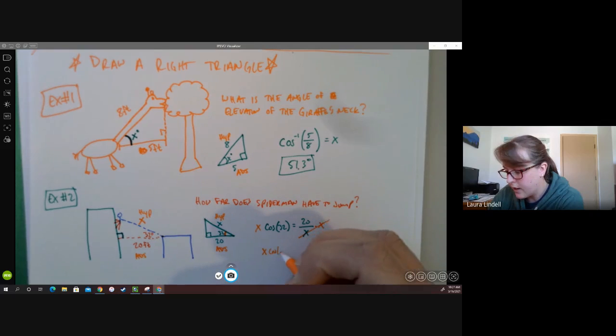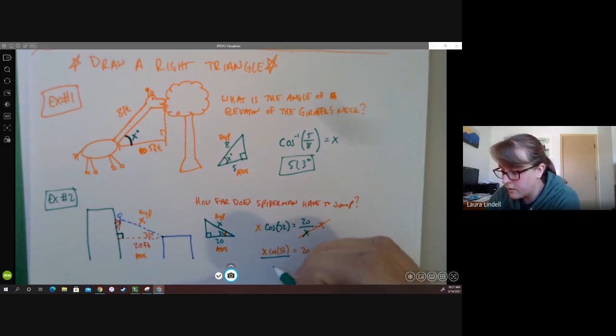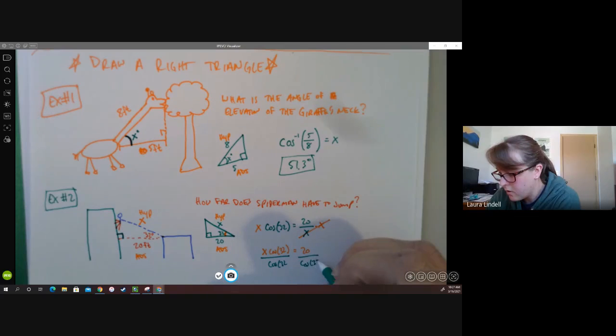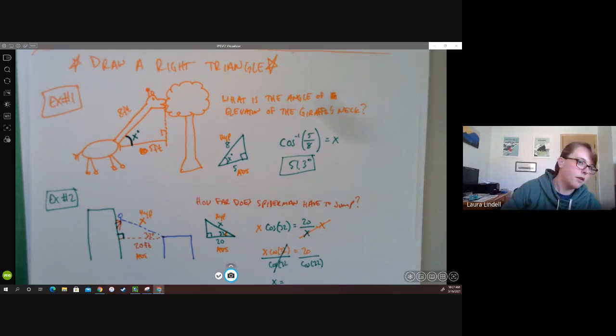We get x cosine 32 equals 20. And then we divide on both sides by cosine of 32. So then, in our calculator, we do 20 divided by cosine of 32.